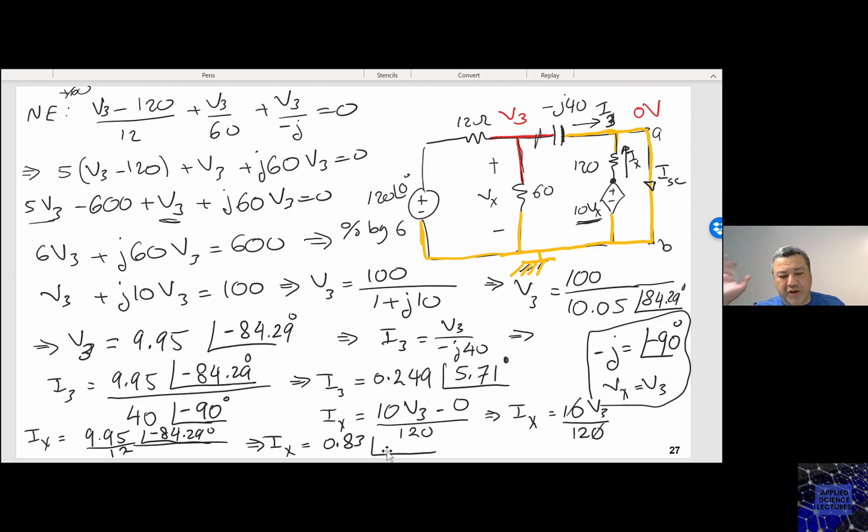So from the first circuit, we found the V open circuit. From the second circuit, we need to find the I short circuit.